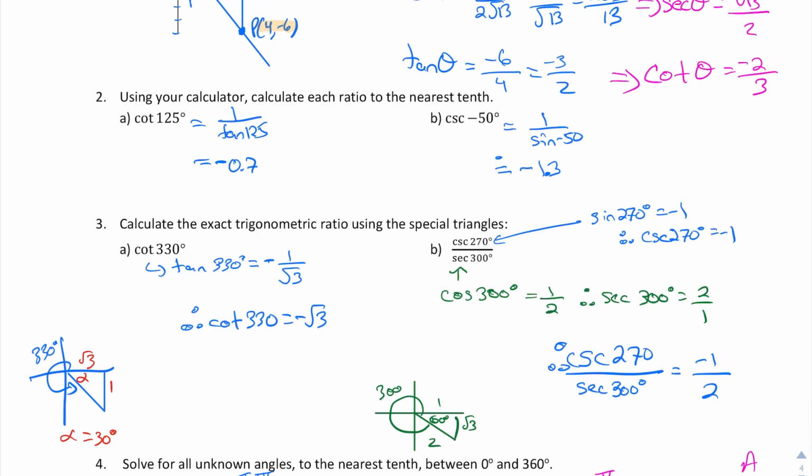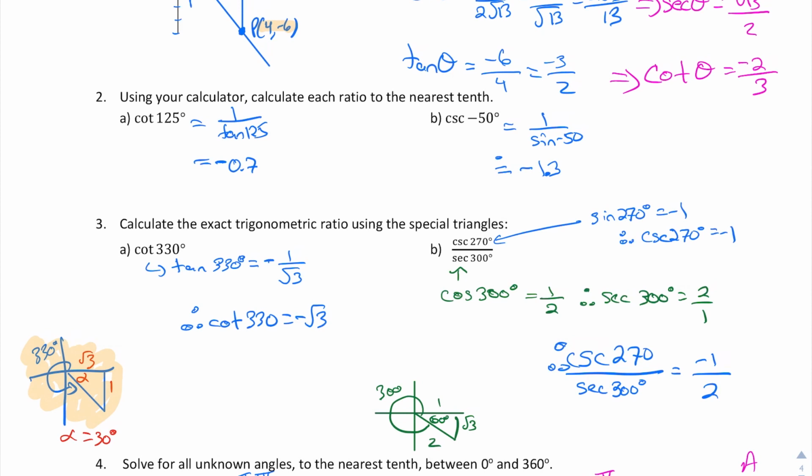So number 3, it says the cotangent of 330. So what I should do is start, okay, well, if I can find the tangent of 330 degrees, then I can figure this out. So here I drew it. So tan of 330 gives me this situation where alpha is 30, my related acute angle. Opposite of alpha, 30 degrees, is 1.